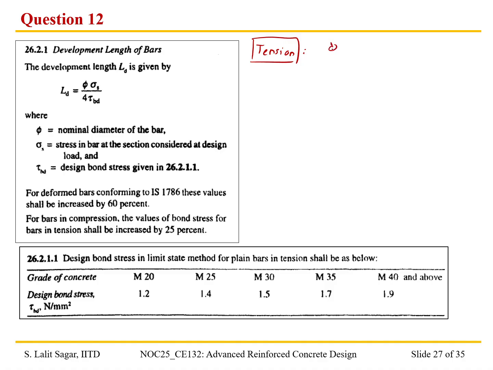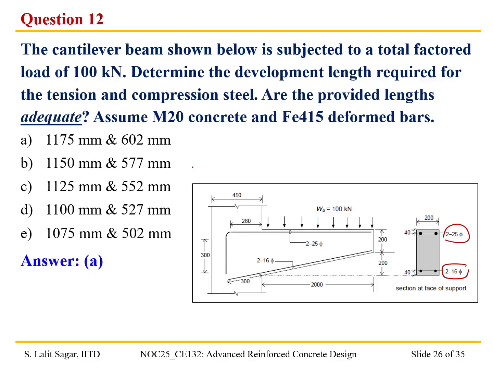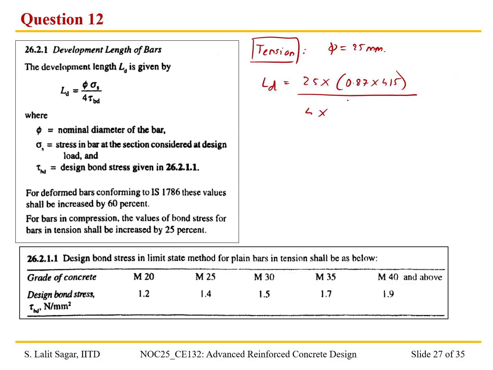Phi is 25, so LD is equal to 25 into sigma s, for which we consider 87% of the yield load, that is, the full potential of the rebar in tension is being reached, divided by 4 times tau BD. The concrete is M20, so it is 1.2.